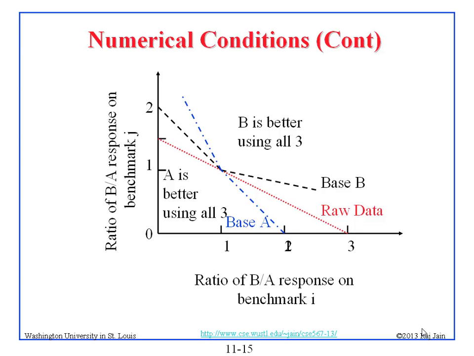So in this little quadrangle, with 4 sides, this blue line and the red line, A is better on all 3 metrics, all 3 ways. In this little area, which is actually just bounded by 2 lines, B is better on all 3 ways. So the ratio game doesn't make a difference.